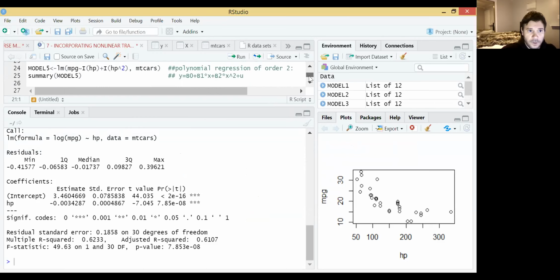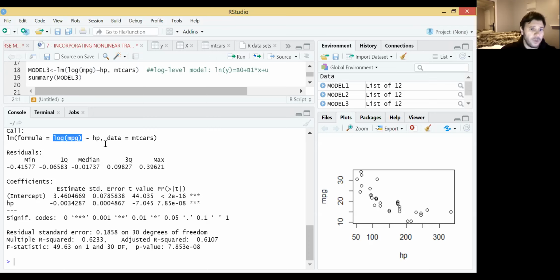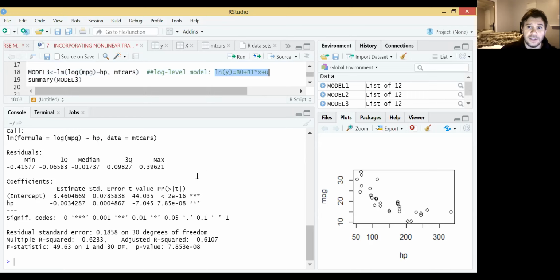So there is our Model 3 code. And again, you can see in the function call in the console window now, we have the Y variable logged on the left. We have the horsepower variable not transformed on the right. So that is consistent with this log level model specification.